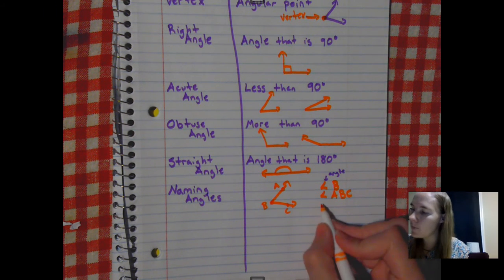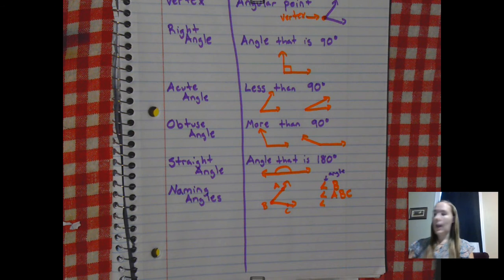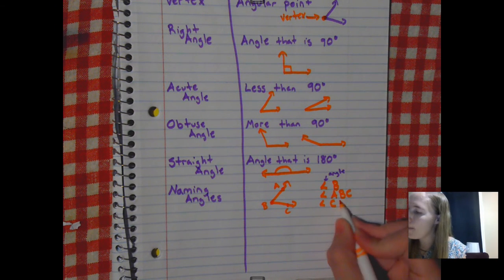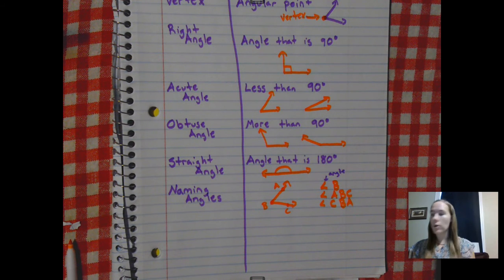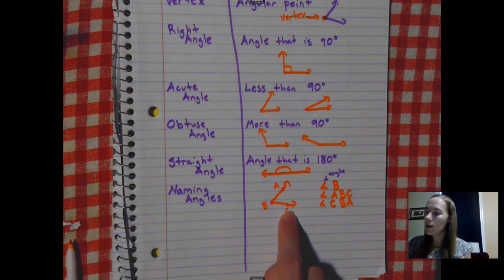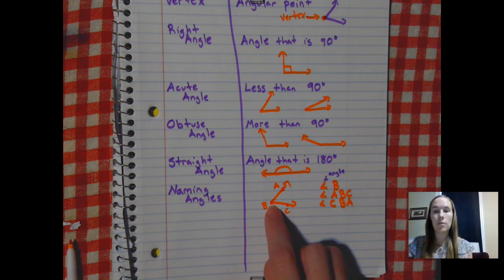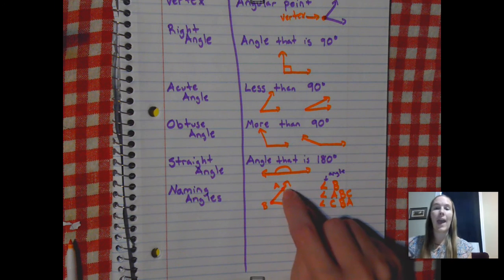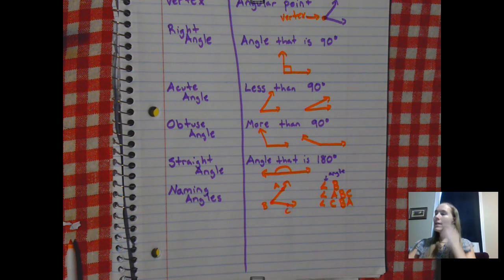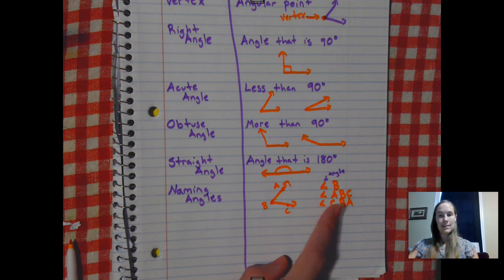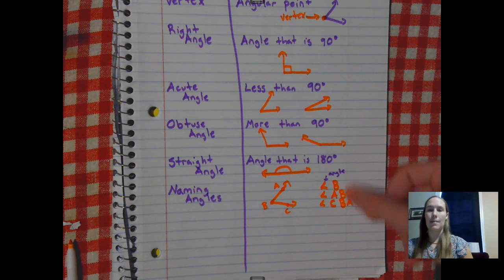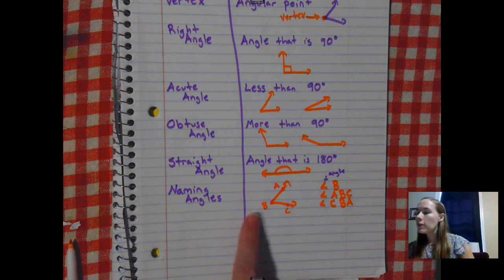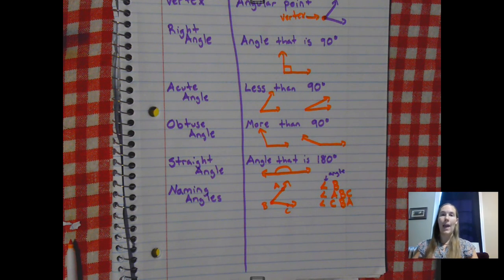And the last way we could name this angle is angle CBA. Again, we have to keep that order. So if I start at C, I follow the shape, I go to B, follow the shape, I go to A. Notice how it is the vertex that is the center of all of these names, because this vertex should be in the middle of that angle. It's that point.